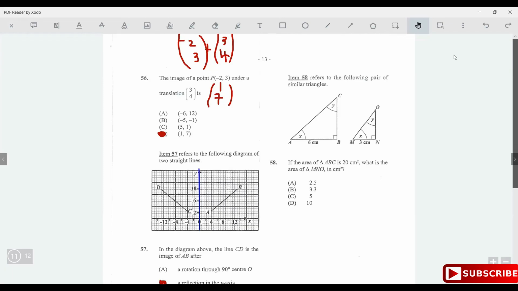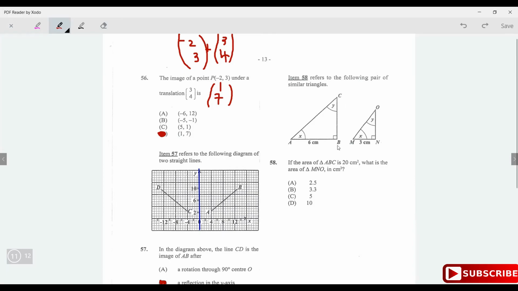Question 58, similar triangles, but this is a repeat question, I speculate. Let's see. If the area of triangle ABC is 20, what is the area of triangle MON? Good question. Now, the area of this triangle is 20, all right?